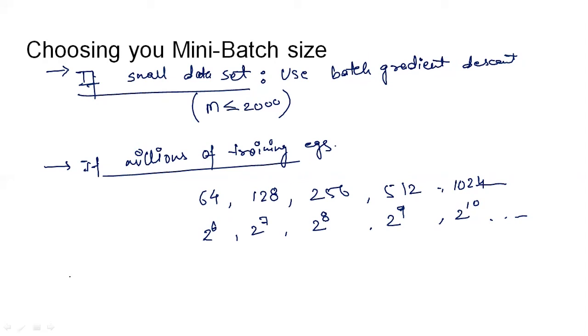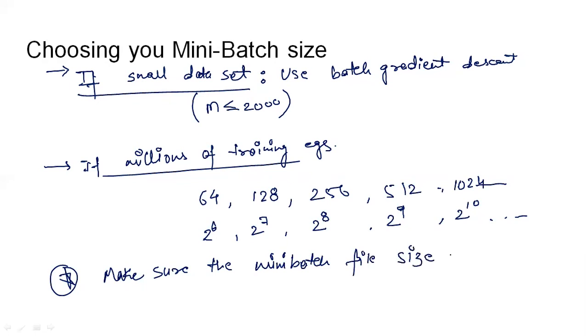One thing that has to be kept in mind while choosing the size of the mini batches is that you should always make sure that the mini batch size is in the range of the CPU or GPU memory.